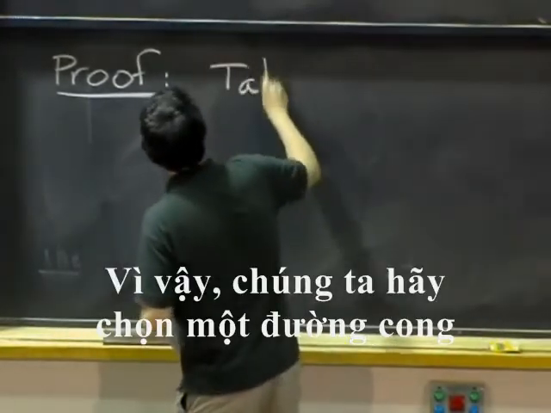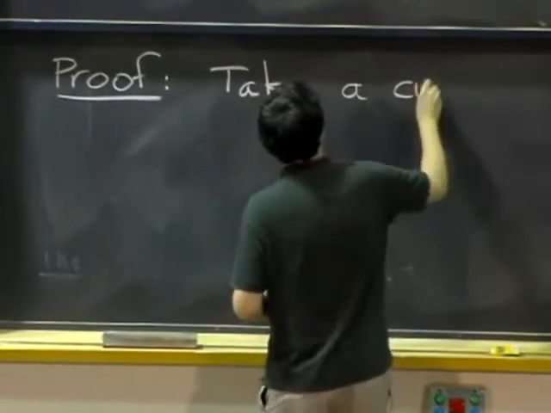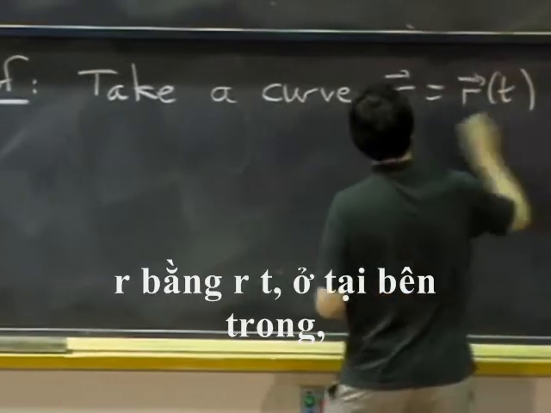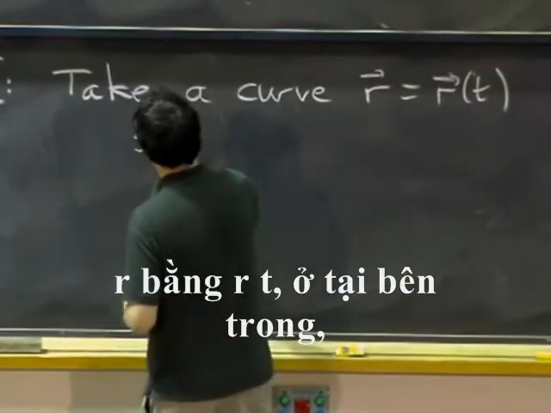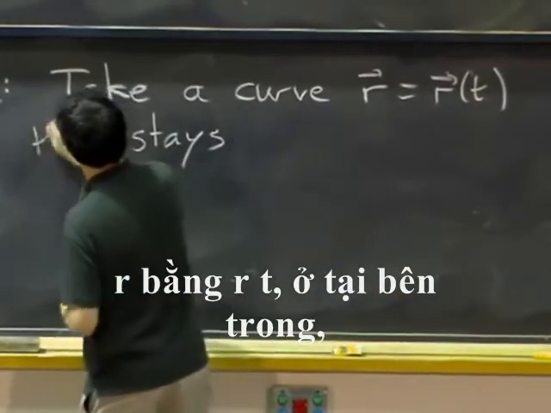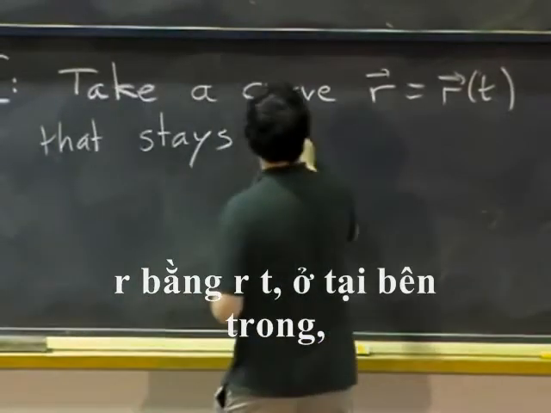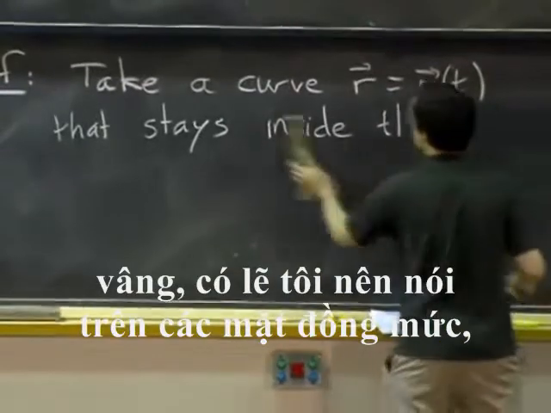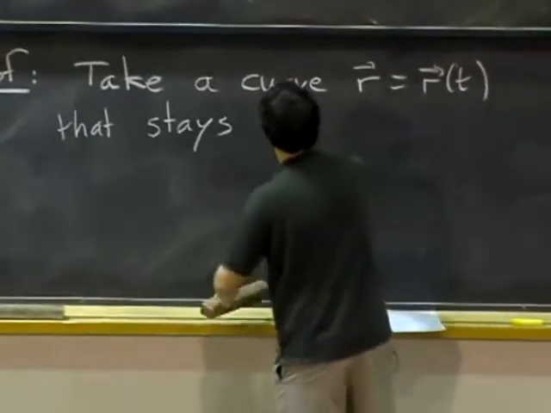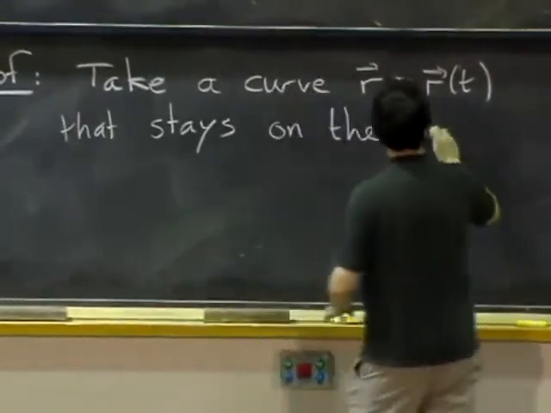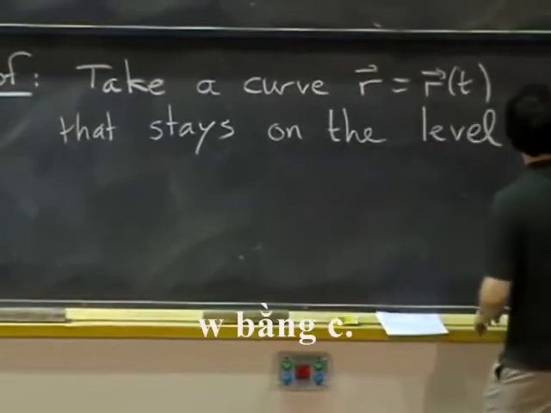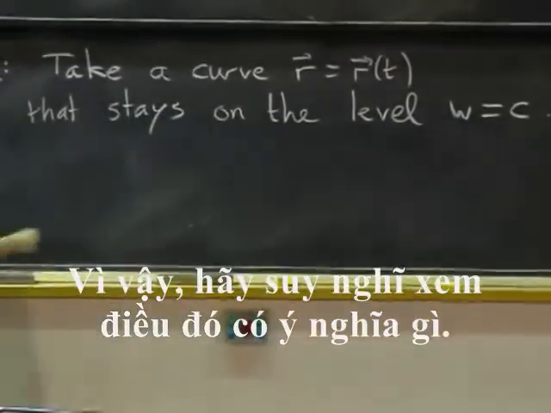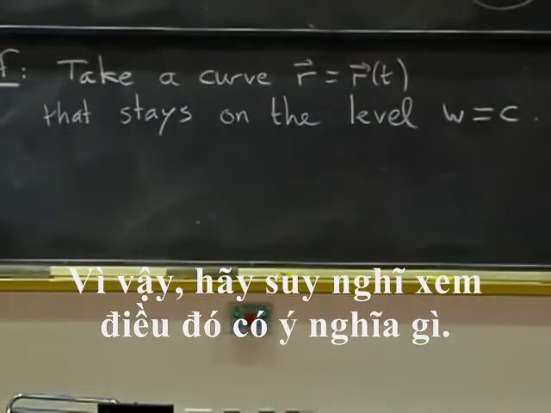So let's take a curve, r equals r of t, that stays, well, maybe I should say on the level surface W equals c. Okay. So let's think about what that means.